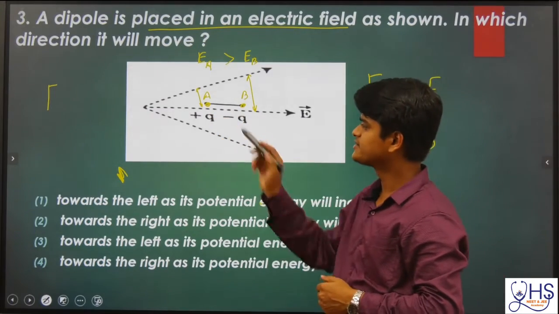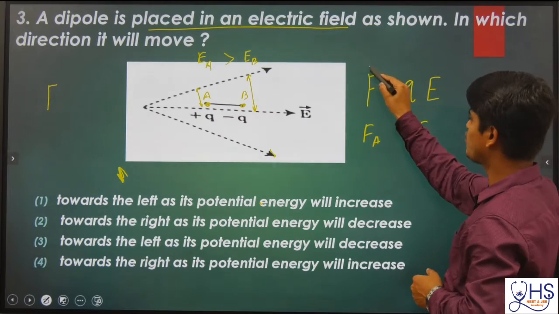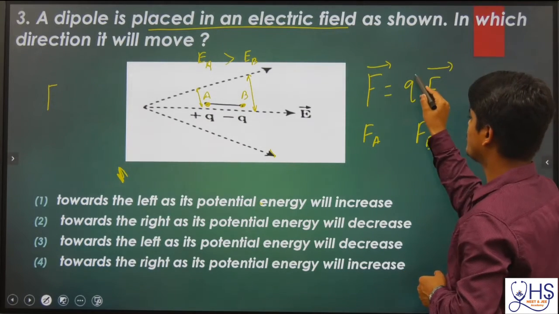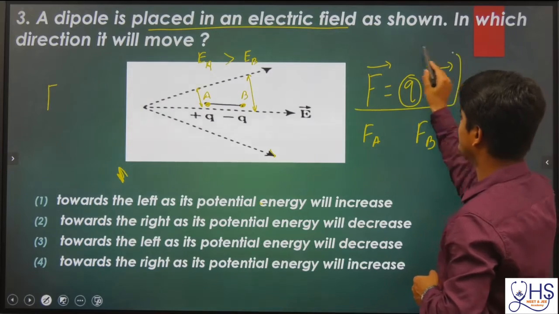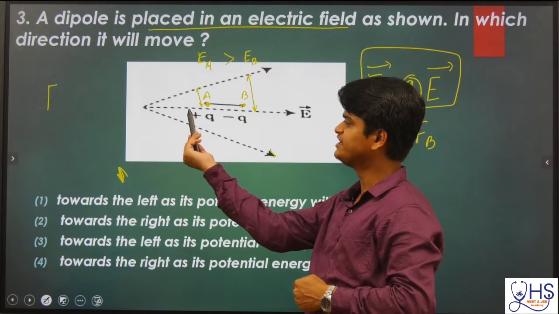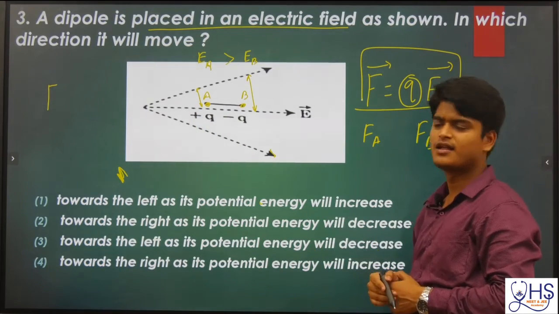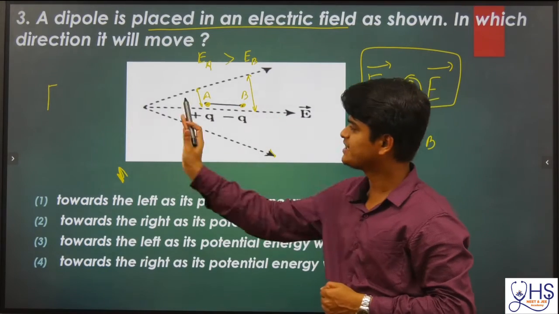So on the positive charge there is force Fa, and on the negative charge there is force Fb. And always remember, while using this formula we must use the sign of the charge. So definitely this plus q moves in this direction, rightward, because the electric field is in this direction, but a negative charge will move towards left.